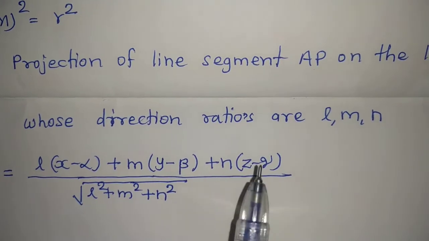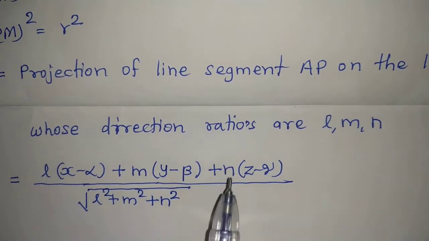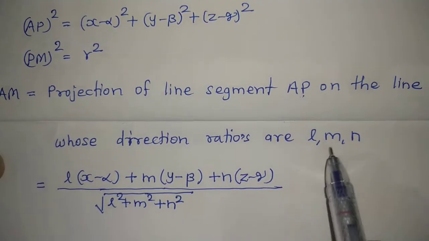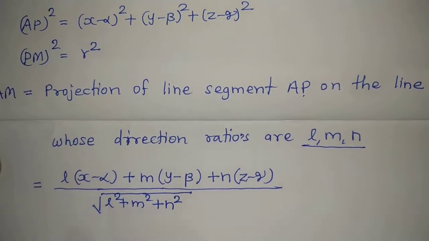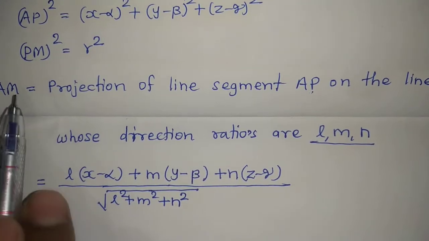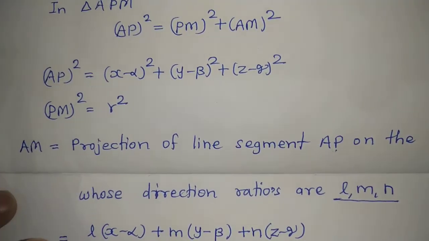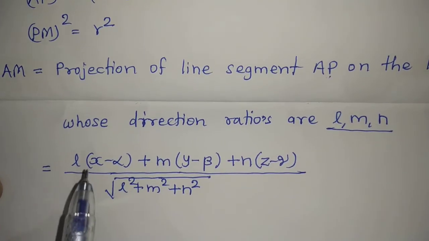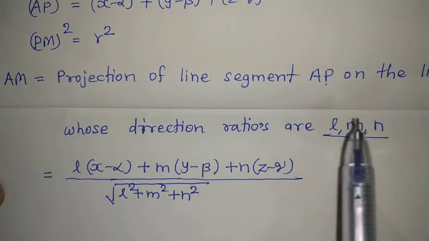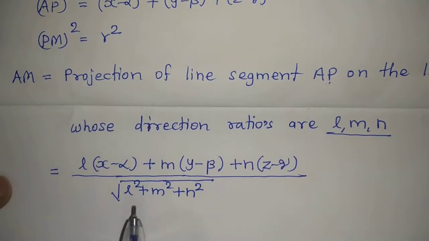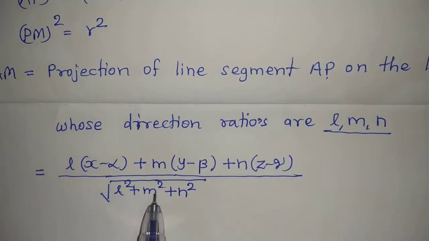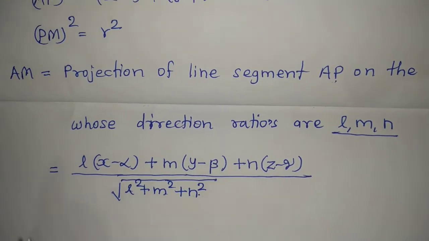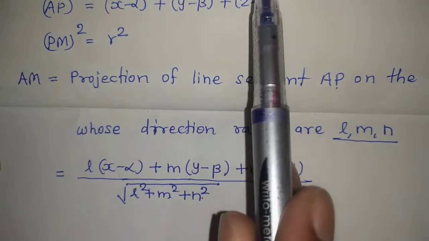So this is the projection of line segment AP on the line whose direction ratios are L, M, N. This is a very important point while determining the equation of a right circular cylinder. And if L, M, N are direction cosines, then root of L square plus M square plus N square automatically becomes 1.